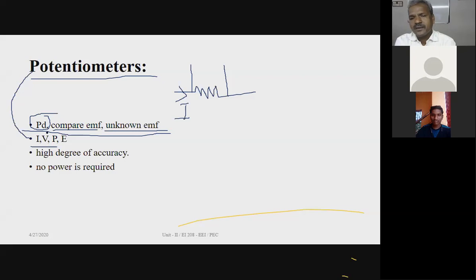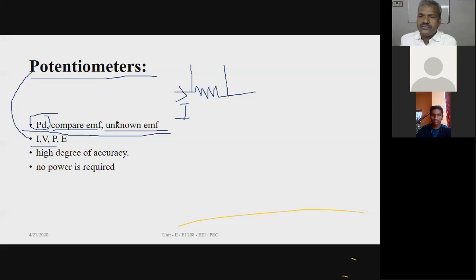You can classify potentiometers based on the source applied to the potentiometer and the detectors. If we excite with a DC battery, it is called a DC potentiometer, with galvanometer detection. In AC potentiometers, we normally use a single AC supply source and vibration galvanometers as detectors.